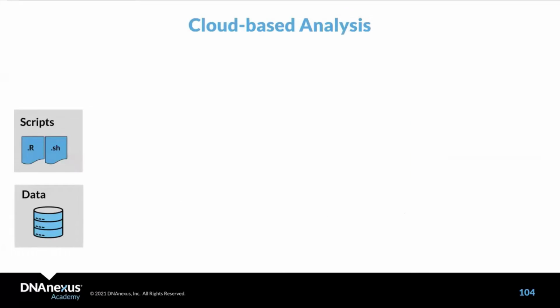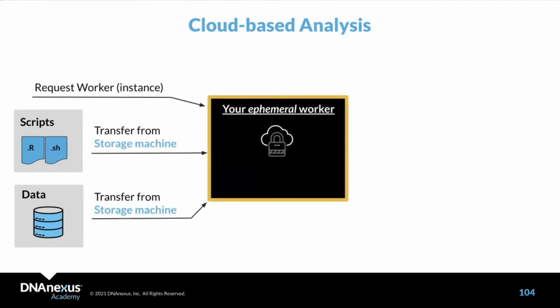So before we start with all of these app building things, let us just remind what a cloud-based analysis is, and we can do it using this schema. In the beginning, you have some scripts and you have some data, or maybe you just have data and you don't have scripts. So you want to analyze your data, and you are requesting a worker, some ephemeral computer somewhere.